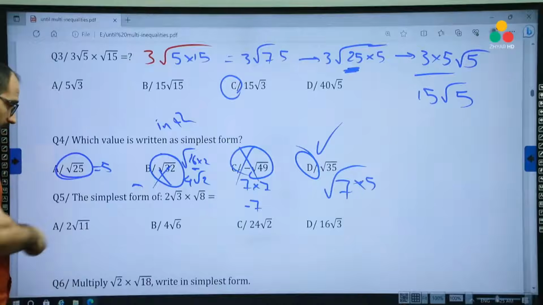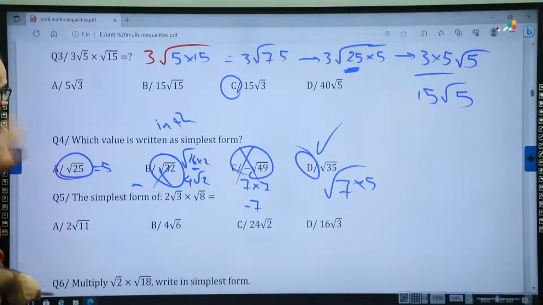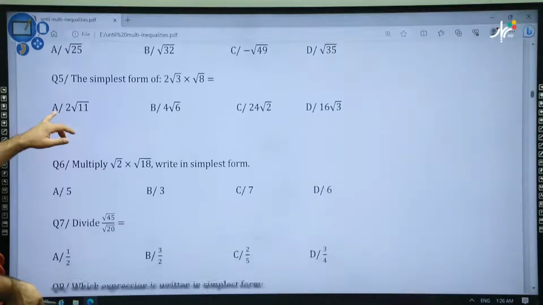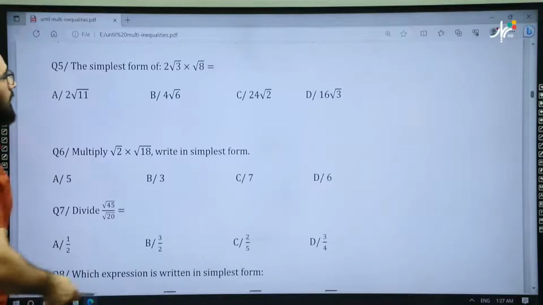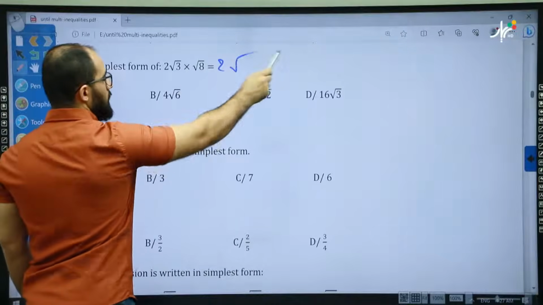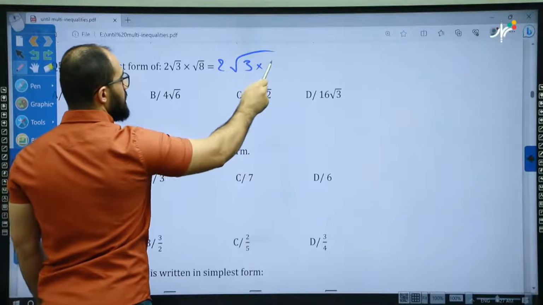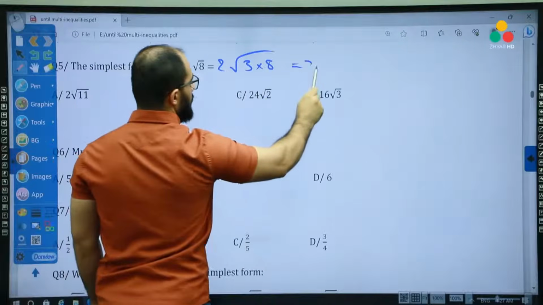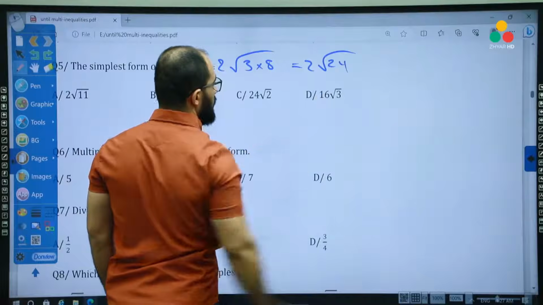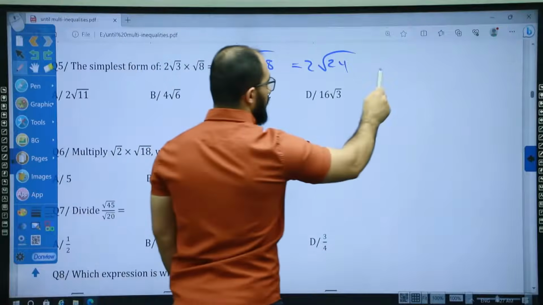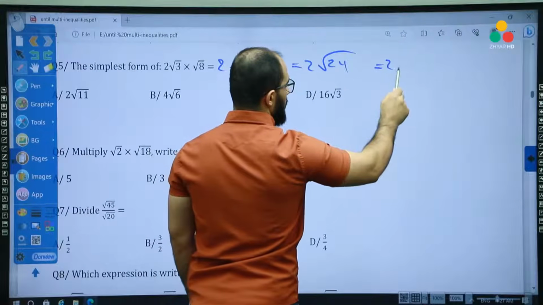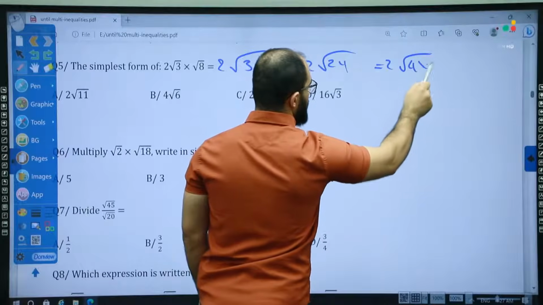Question 5, the simplest form of 2 times square root of 3 times square root of 18. Again, it is 2 square root of 3 times 18. Then it's going to be 2 square root of 54. And 54, it's going to be 9 times 6.